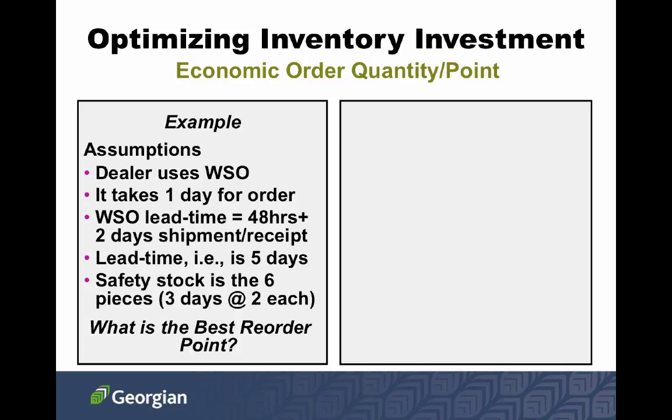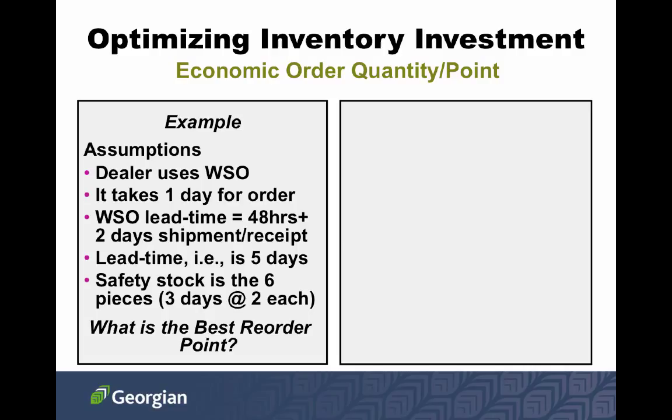This assumes the dealer uses a weekly stock order. It takes 1 day once the stock order is produced to review it. The parts manager reviews it. Is that all I want to really order? Some I want to take out because I have some other consideration. So it takes 1 day for the order to be reviewed and placed.